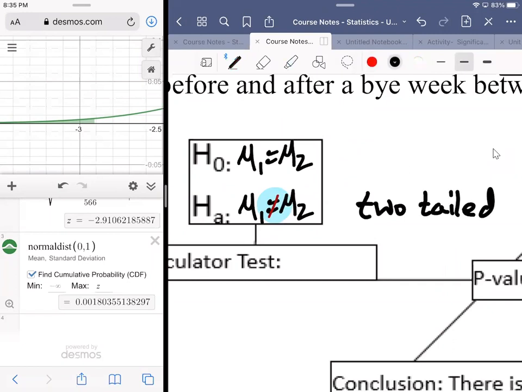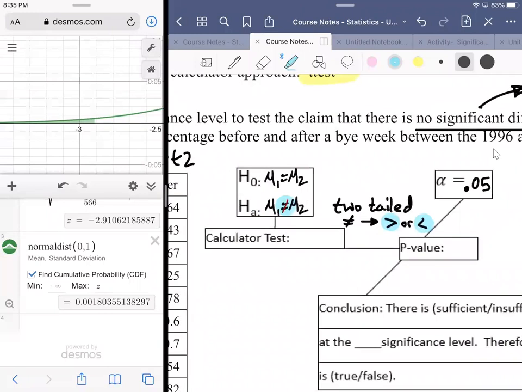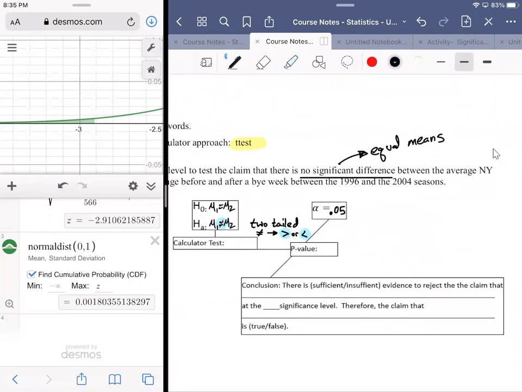And the idea is that not equal is the same as greater than, or, well, I'll write the word or because the notation can be a little ugly, or less than. So it gives us two possible outcomes. Those are the two possible tails that you can have. So when we draw our graph here, we would want to have 0.05 split up between the two tails.